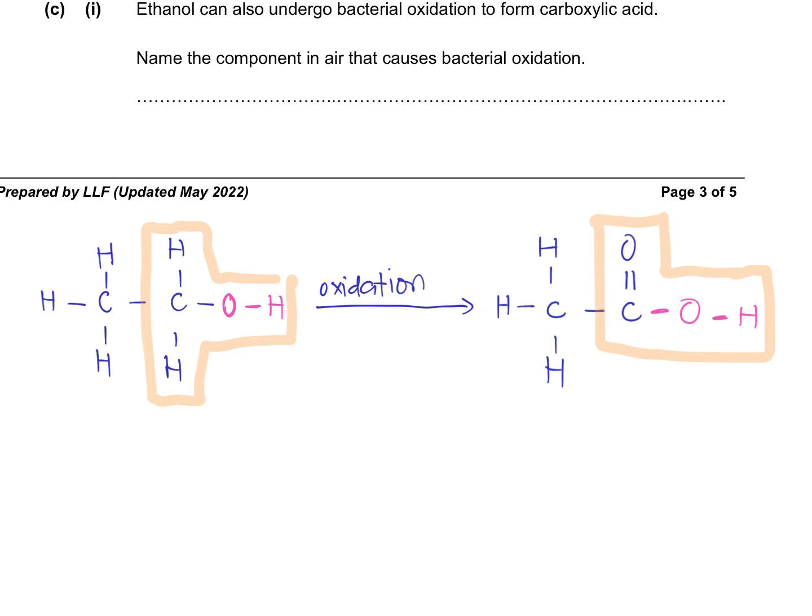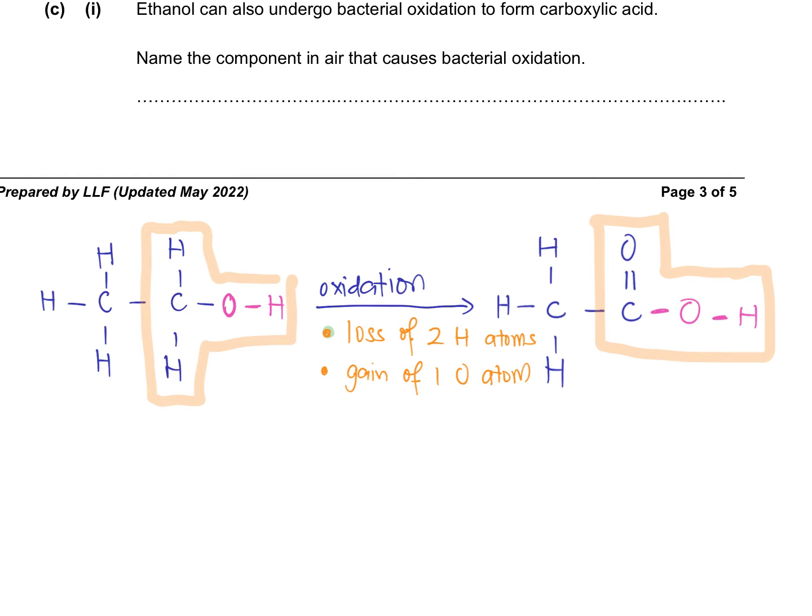2. Okay, so during the process, you realize that what happened is you actually lost two hydrogen atoms, and at the same time you gained one oxygen atom. Then you link back to your definition for oxidation where you learned redox.